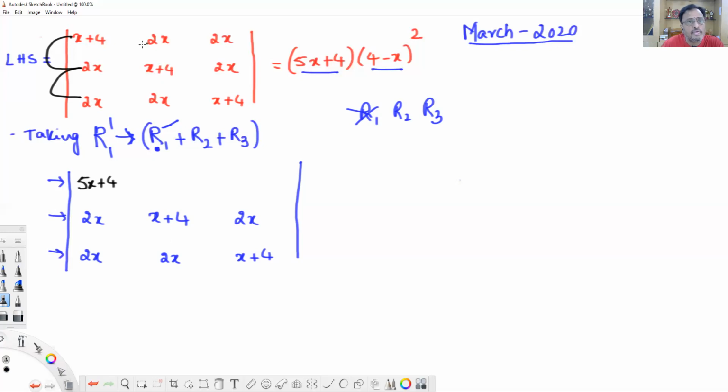Here also 2x plus x plus 4 plus 2x gives 5x plus 4. Here also 2x plus 2x, 4x plus x, 5x plus 4. Finished. We already got one factor here.